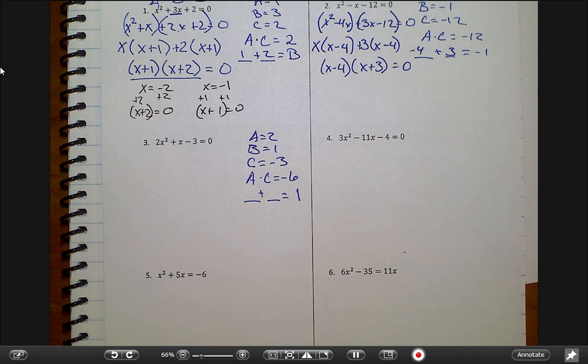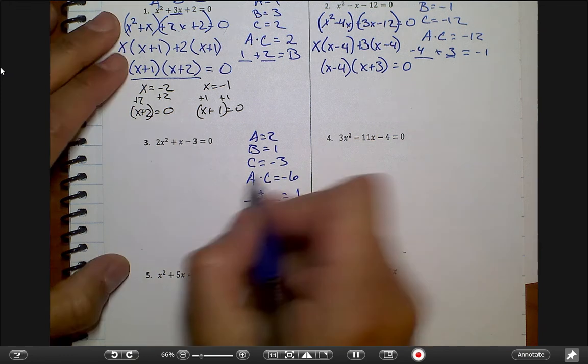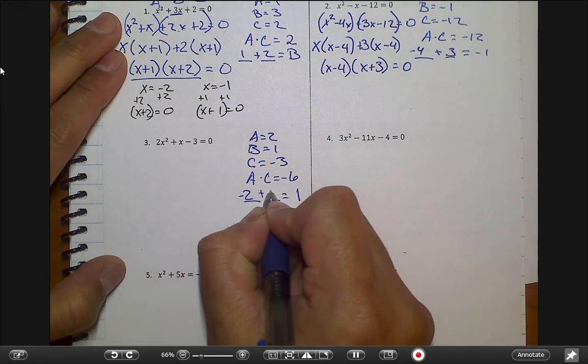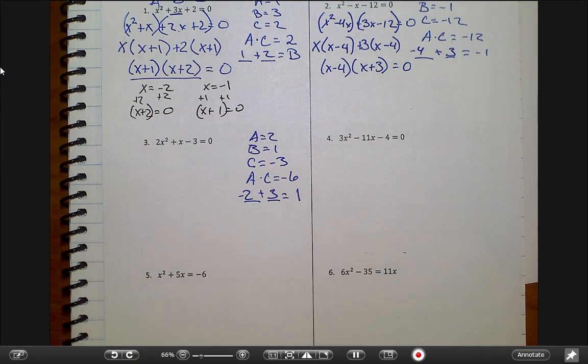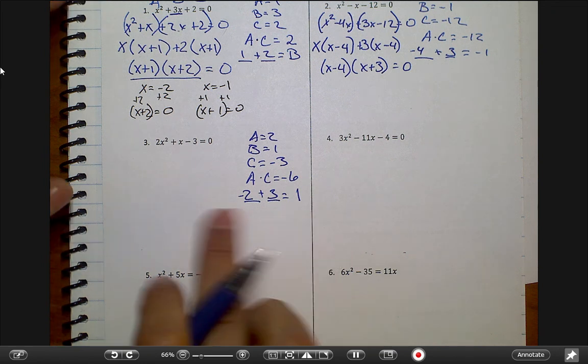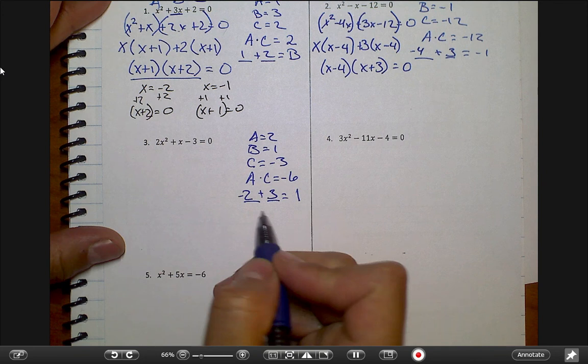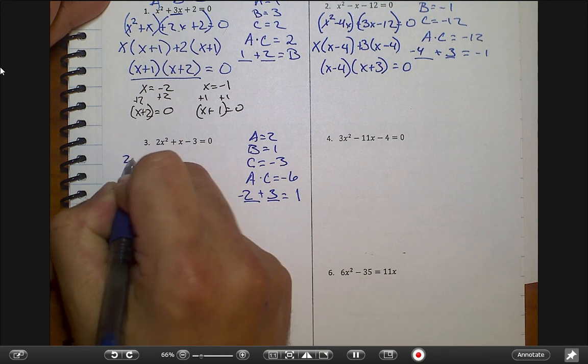What you got? 3 and negative 2. Very good. 3 and negative 2. Those work. Yeah, that's what I heard you say, negative 7. Yeah. Hey, no, not true. Okay, so replace now.